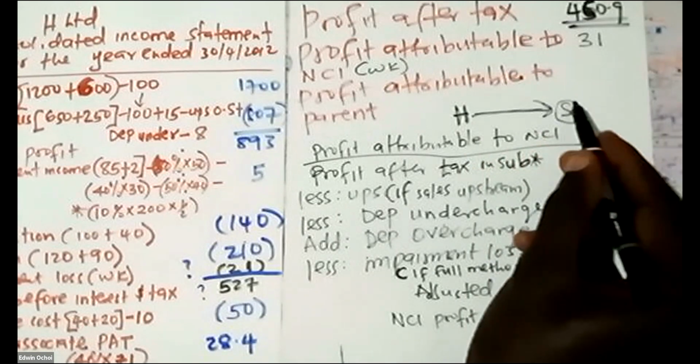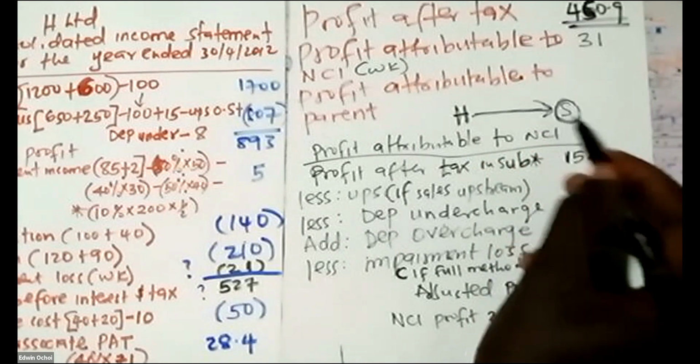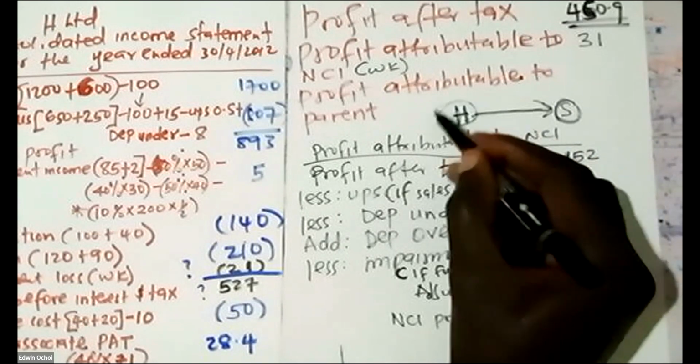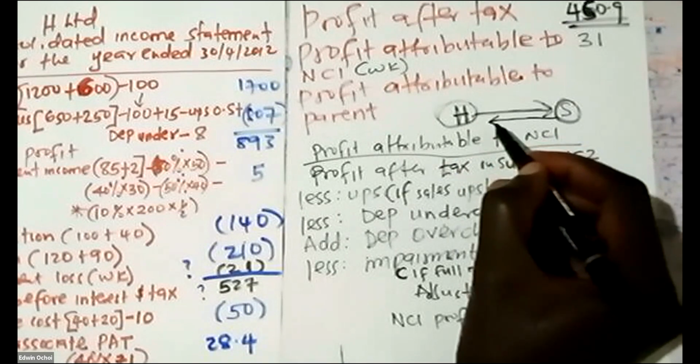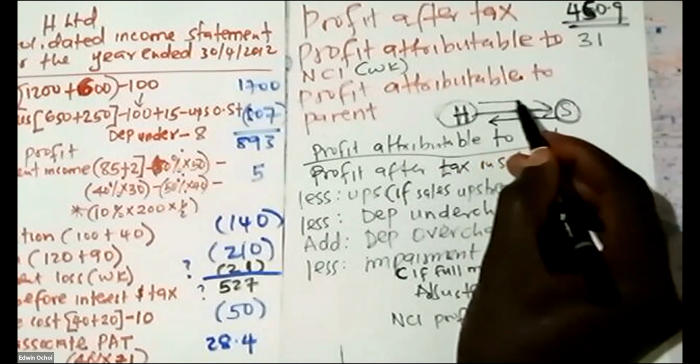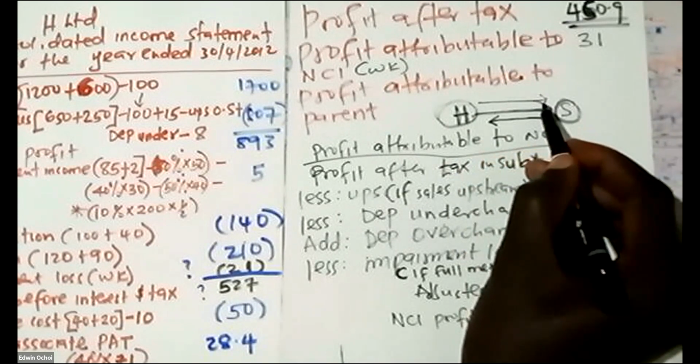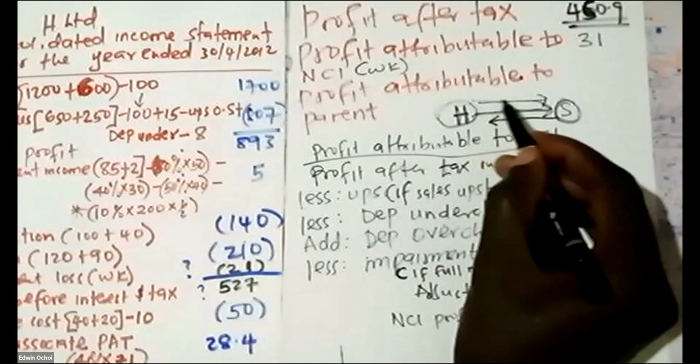So if S was selling goods to H, it was sales upstream from the subsidiary to the parent. Downstream is what we say from the parent to the subsidiary.